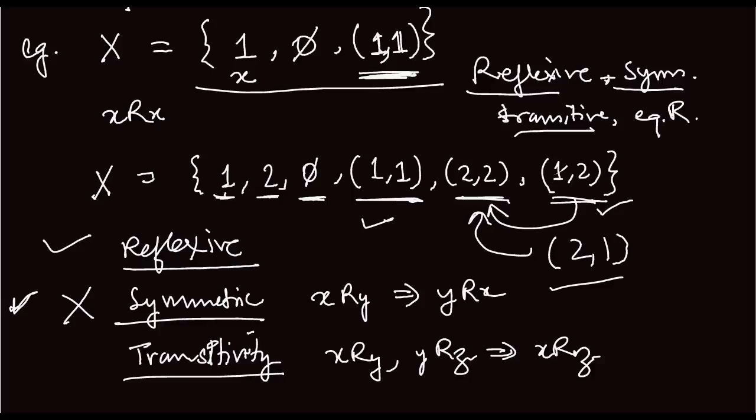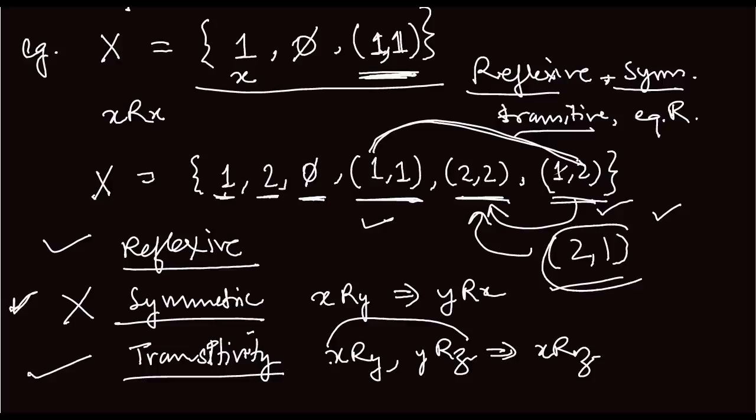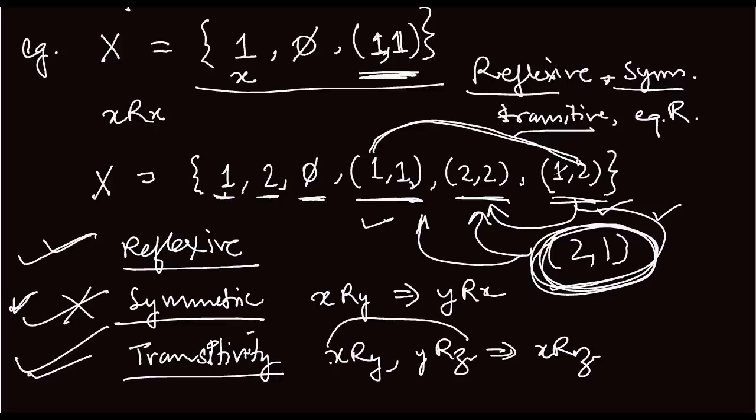If we have (1, 1) and if we have (1, 2), then we must have (1, 2), because x is related to y and y is related to z, so 1 is related to 2. And we have (1, 2). So this is transitive. But it is not equivalent until we add this element in this set. If we add it, then we will have an equivalence relation, because it will satisfy all three properties: transitivity, symmetricity, and reflexivity.